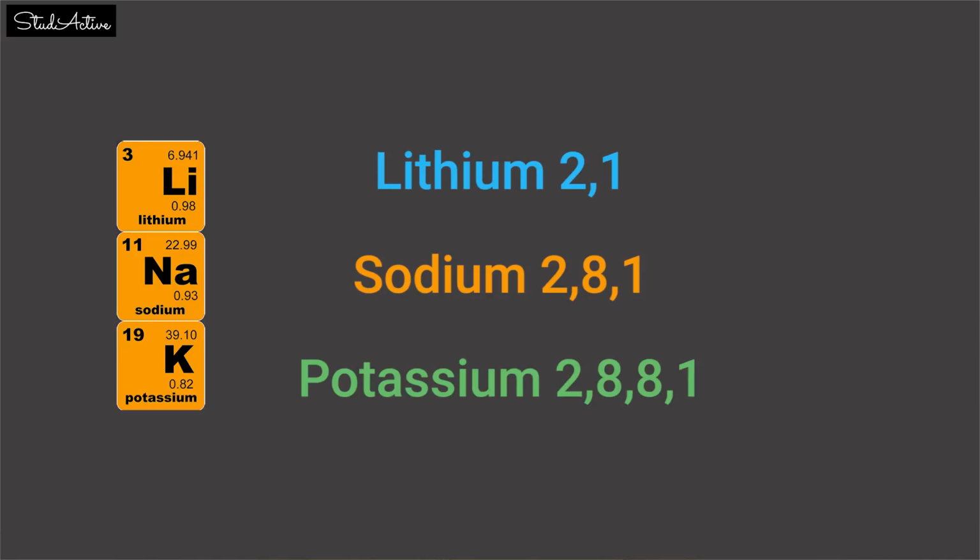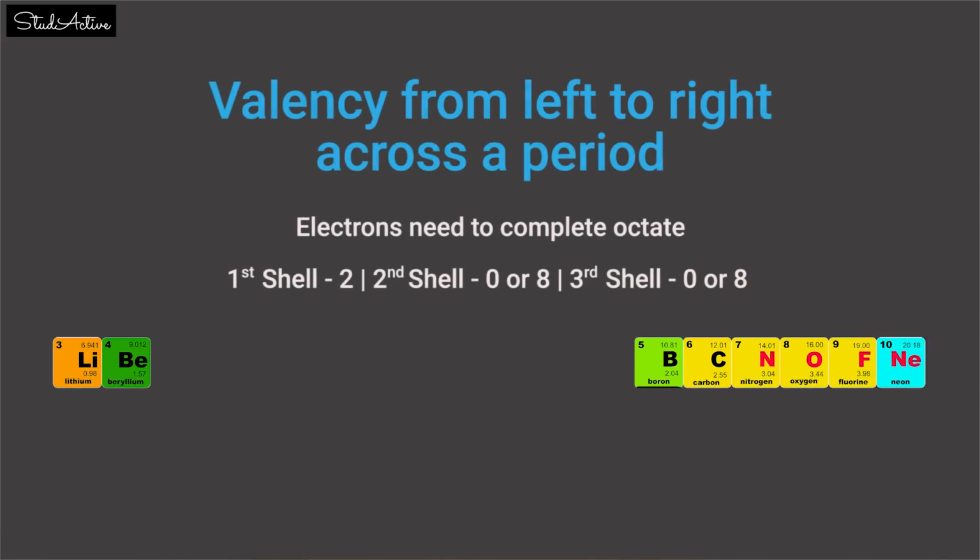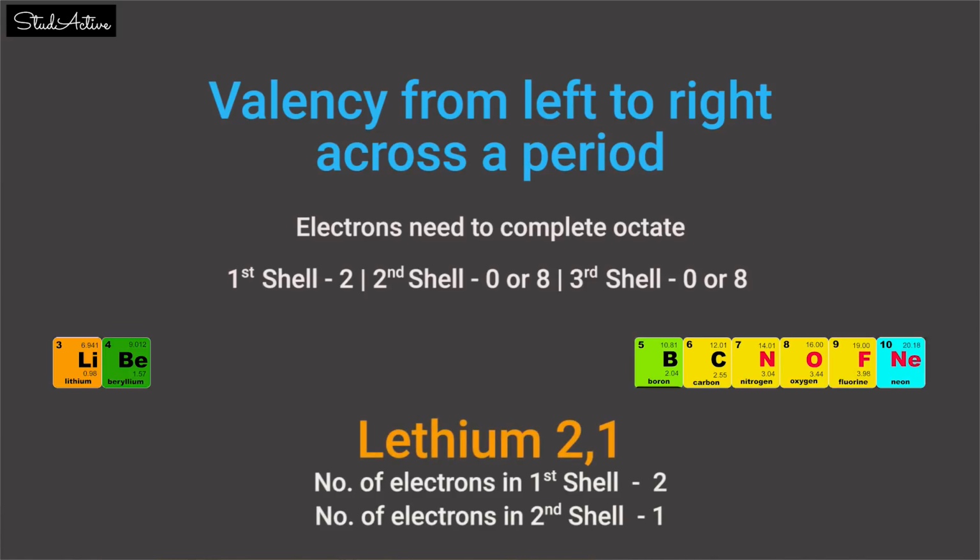All 3 of them can give away this last electron easily and hence they have the same valency. Let us understand the gradation of valency when we go from left to right across a period. Lithium, whose electronic configuration is 2, 1, has valency 1 because it can easily give away this electron and attain its duplet state.